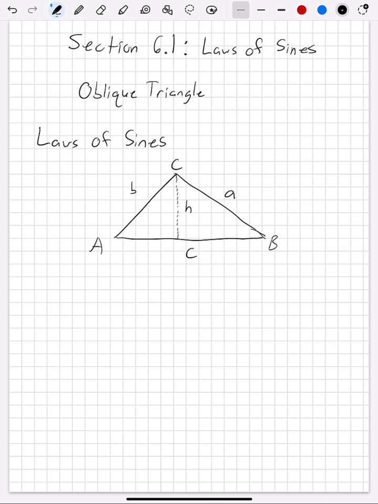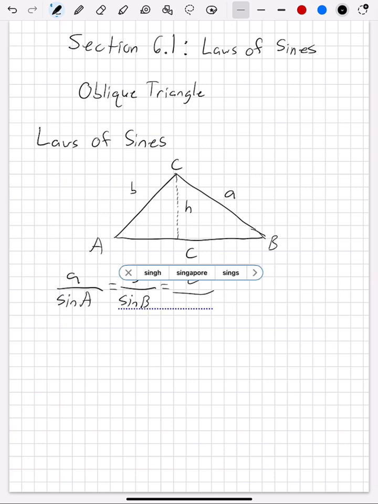All right. And so our laws of sines say that our side a divided by the sine of the angle A will be equal to the b side divided by the sine of B, and then c divided by the sine of the angle C. So I'm using my capital letters to denote my angles, and my lowercase letters to denote my sides.